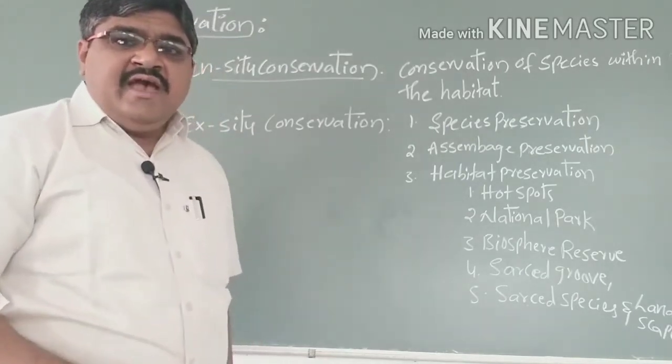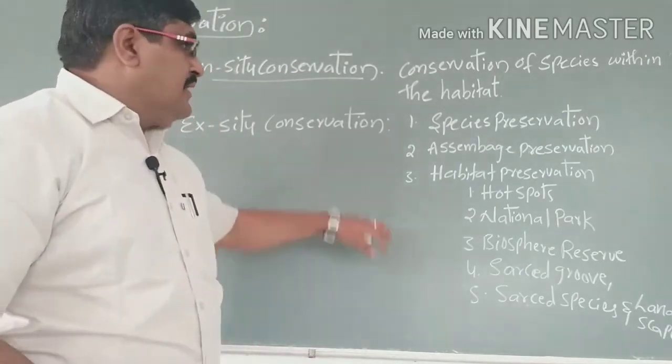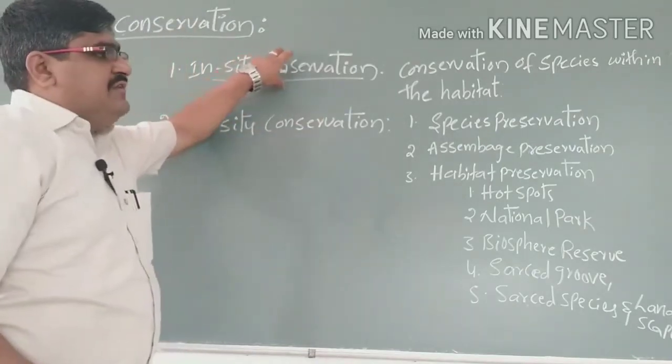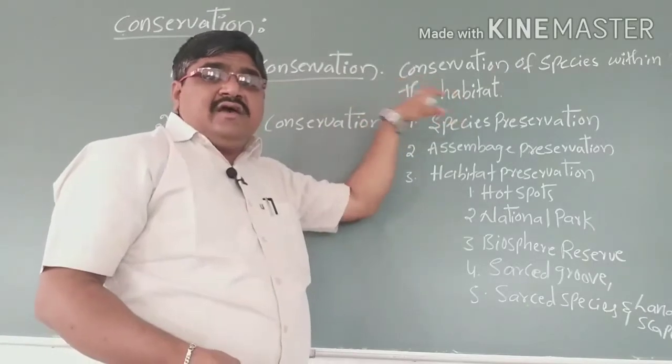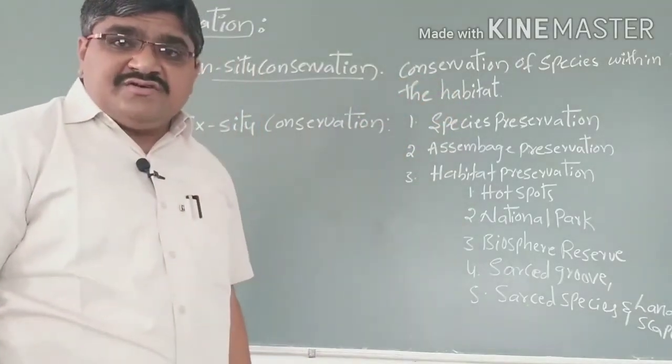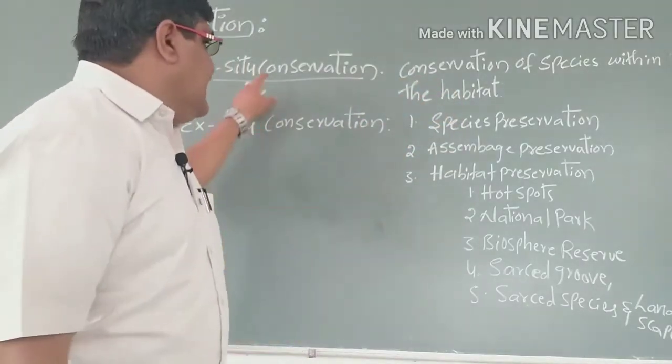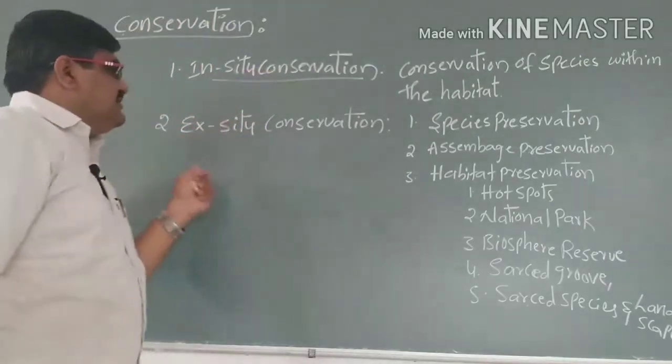So these are the various types of habitat preservation: hotspots, national parks, biosphere reserves, sacred groves, sacred species, and sacred landscapes. These are the various types of in situ conservation, where species are conserved within the habitat.